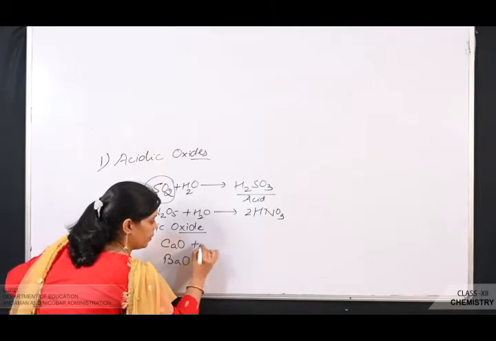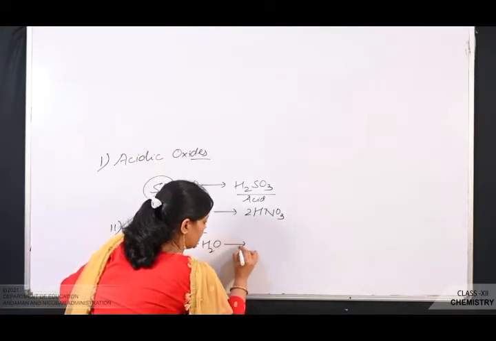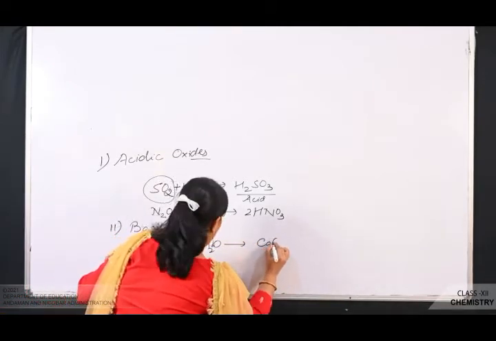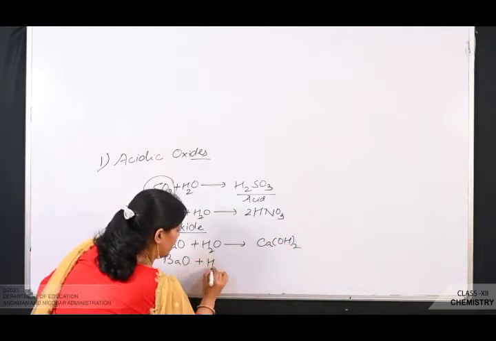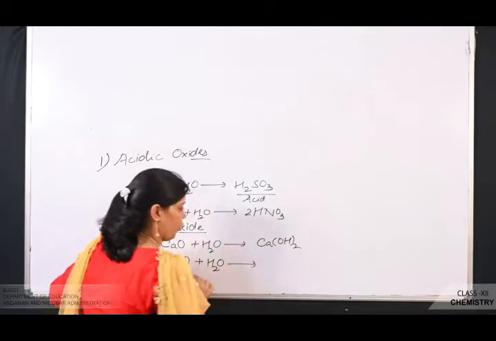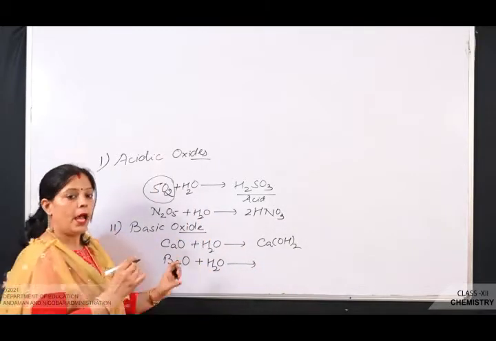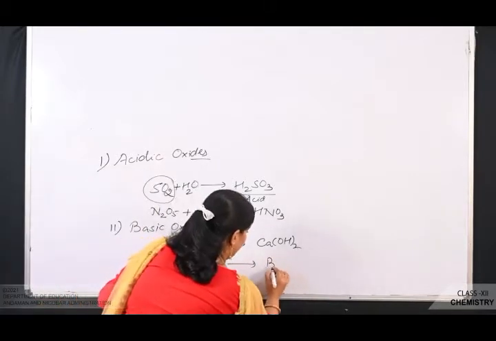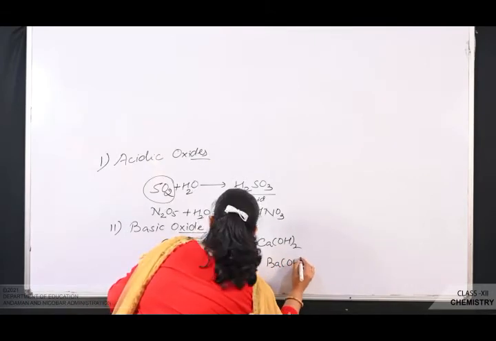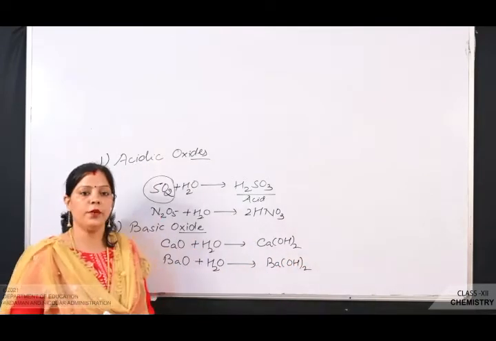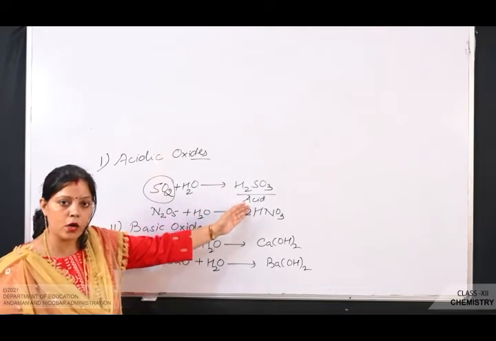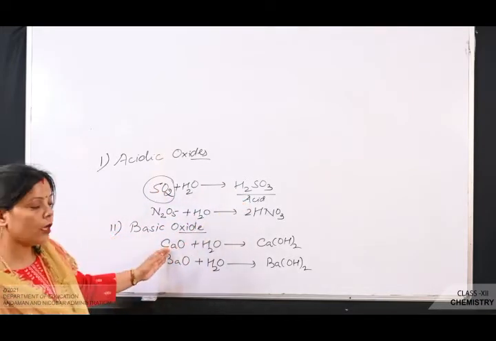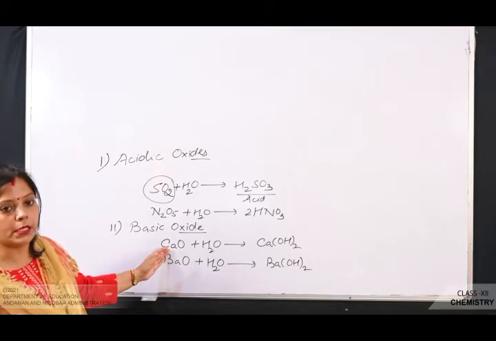When calcium oxide combines with water, it gives the base Ca(OH)2. Similarly, barium oxide combined with water also gives a base, barium hydroxide. So the non-metallic oxides are named acidic oxides and the metallic oxides are named basic oxides.